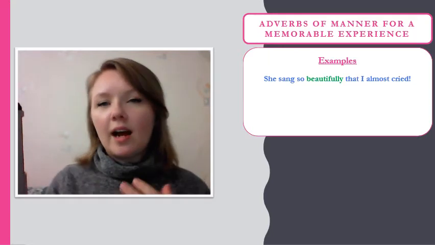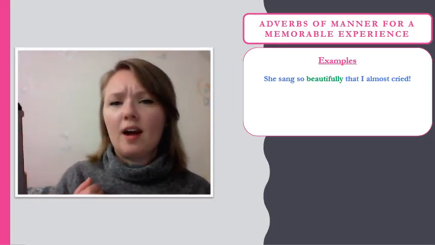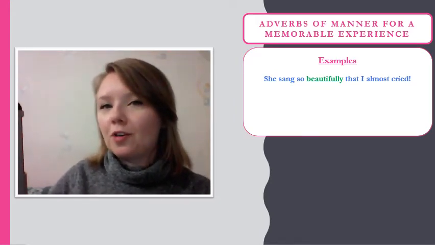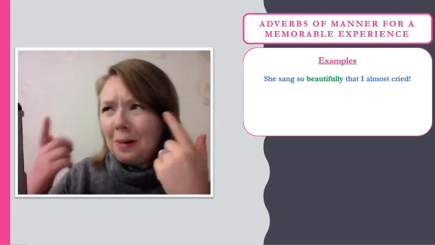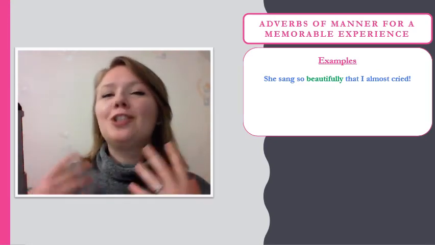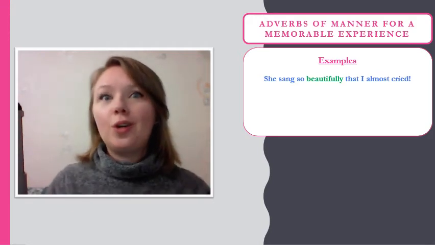So here our adverb beautifully really shows why. Why did I almost cry? I wouldn't say she sang and I almost cried. Well, maybe she was really bad at singing and so I thought, oh, it's so terrible. But here we're specifying she sang so beautifully that I almost cried. It was so good.